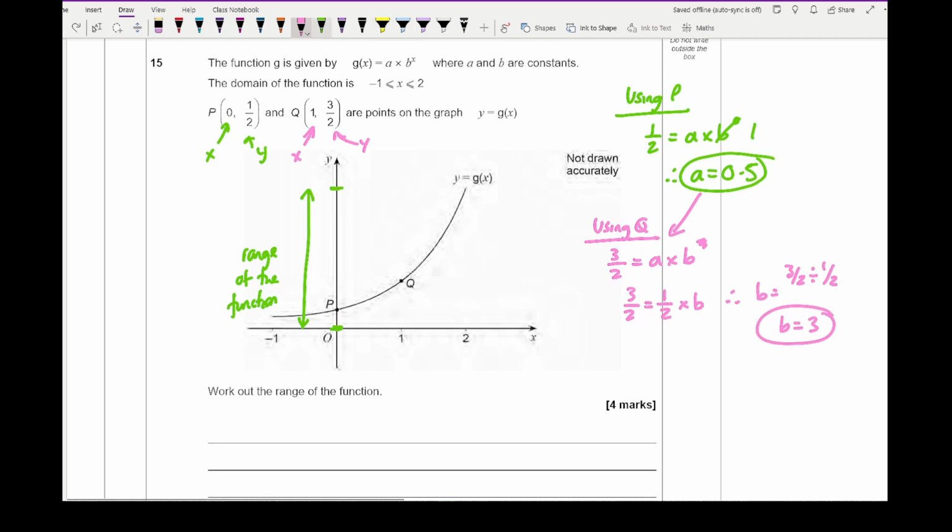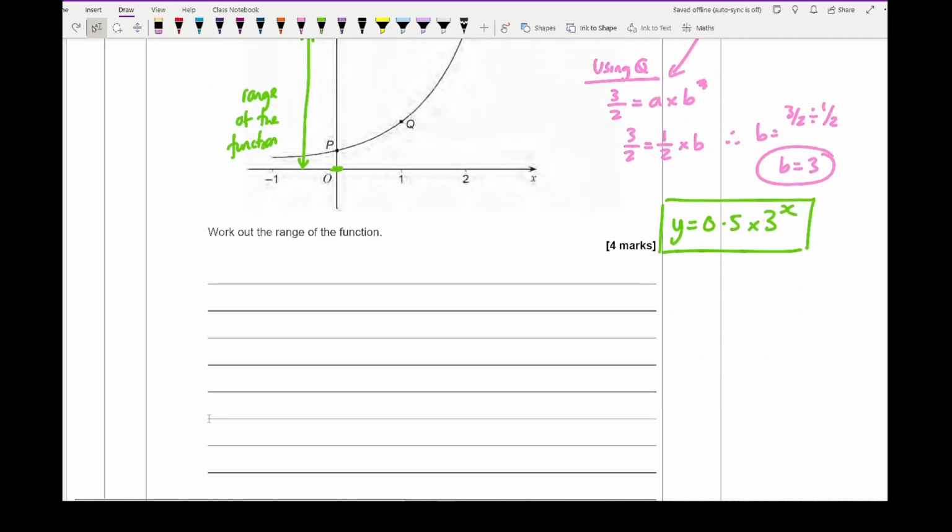Now that I've got my values of a and b, I can work out the equation of the line. So y equals 0.5 multiplied by 3 to the power of x, and that is the equation of the line. Now I want to use that to find out what the respective y values are.